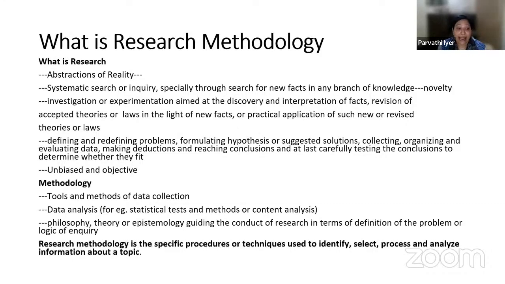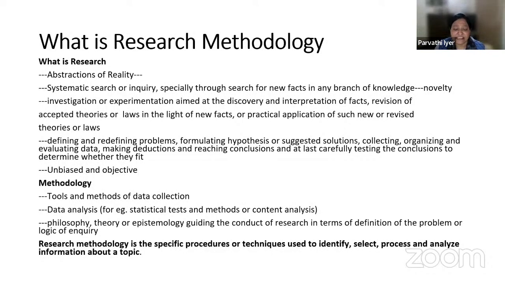So the third and most important dimension of methodology is the philosophy, theory, or epistemology, which guides the conduct of your research. How does it guide the conduct of the research? It guides it in terms of the way in which you define the problem, or even the method, the research design that you use.